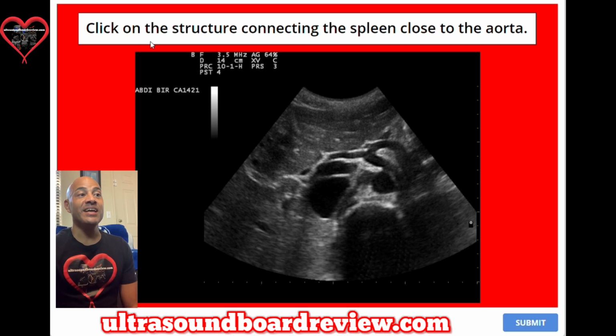Bonus question number 7. Click on the structure connecting the spleen close to the aorta. So where would you click here?